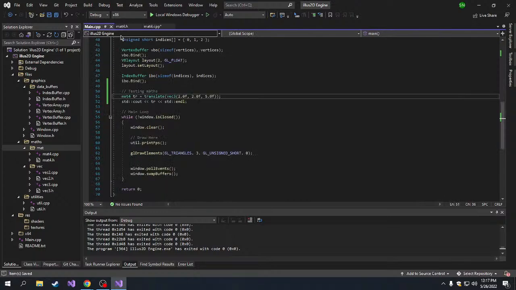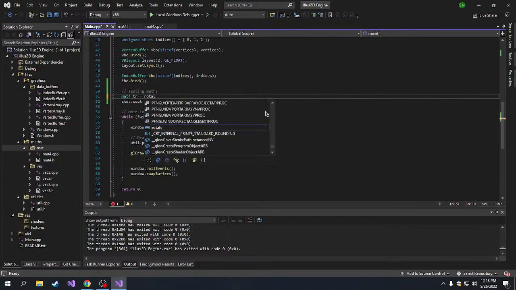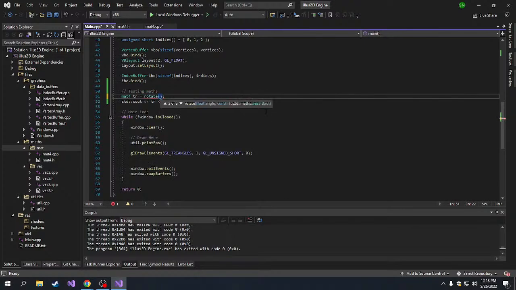Let's check it real quick. We'll do scale, rotate. We'll make an instance of vector 3.